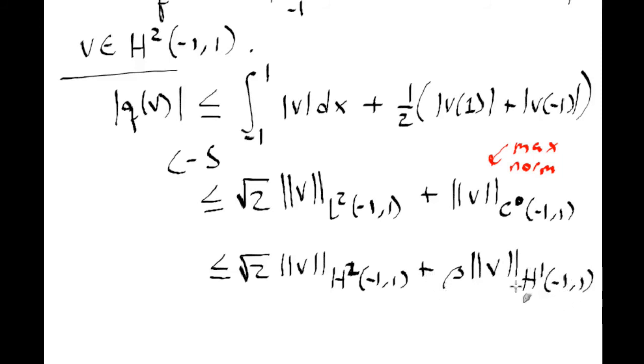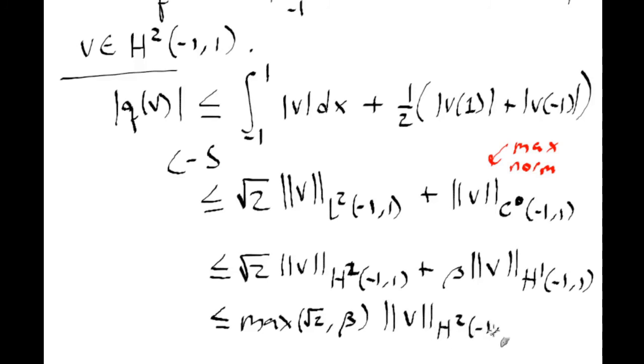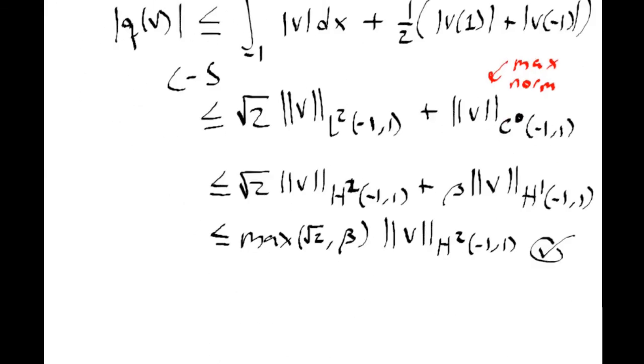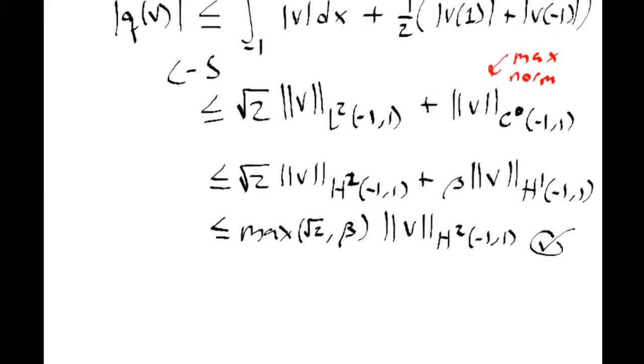And so to conclude, we can take the max of square root 2 and beta, and then we'll get this norm here. So we just bump this norm up to the H2 norm because it includes more terms, and we take the max of square root 2 and beta, and we get this. Okay, so this functional is a bounded functional.